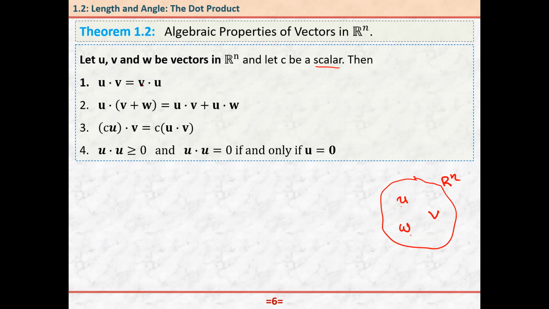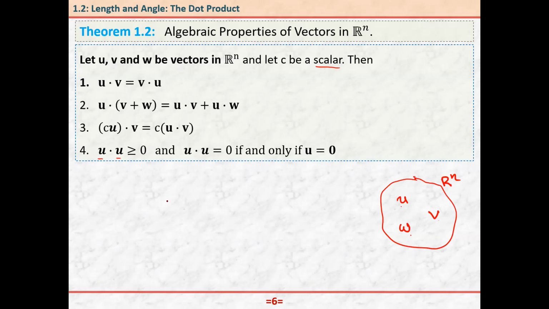Here we have u, v, w, but pay attention here. This one is u, this is also u. The dot product of u by itself is always non-negative. That means that it is either 0 or positive. And the dot product of u and u is equal to 0 if and only if u is equal to 0. I mean, u is the zero vector.